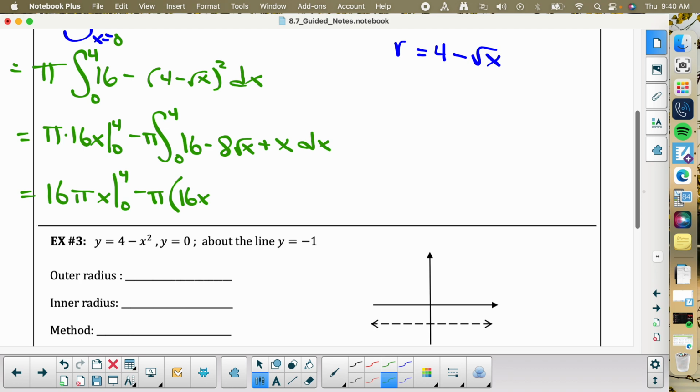So you would do power rule, and that would be x to the 3 halves, and then that would be 8 times 2/3. So 8 times 2/3 would be 16/3. That doesn't really simplify. Is that what you said, Brooke? Okay.